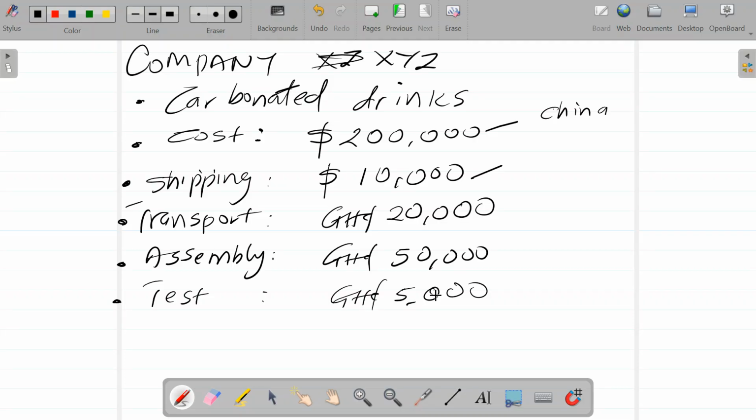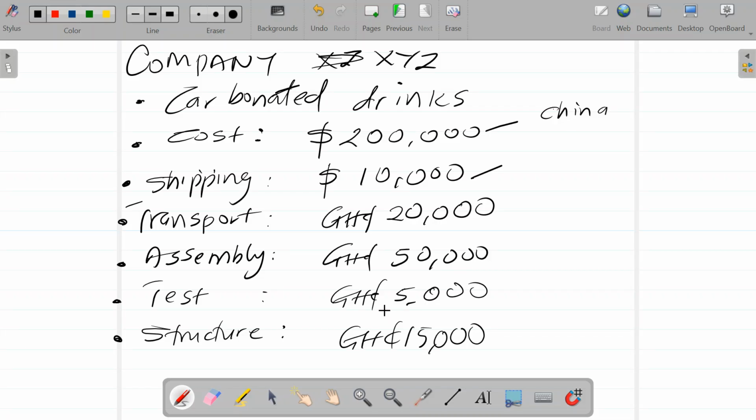Now we have to set up the machine, but we need to build a platform to set the machine on. So we have to clear a place and build a structure for the machine. That one too will cost maybe 15,000.